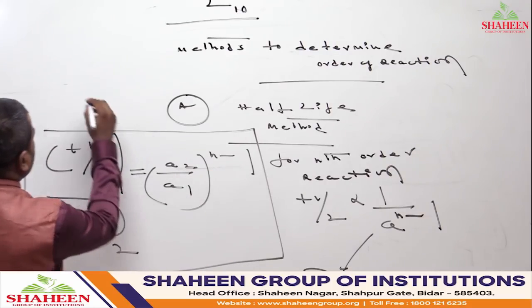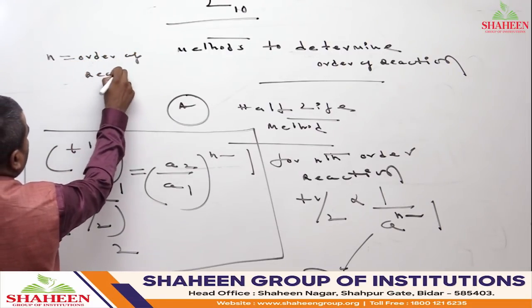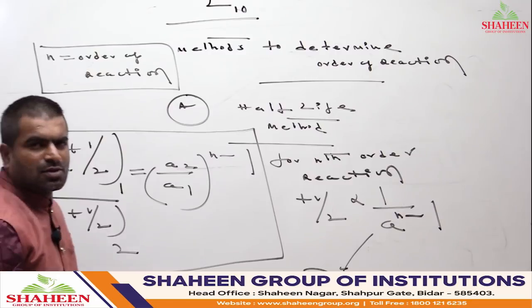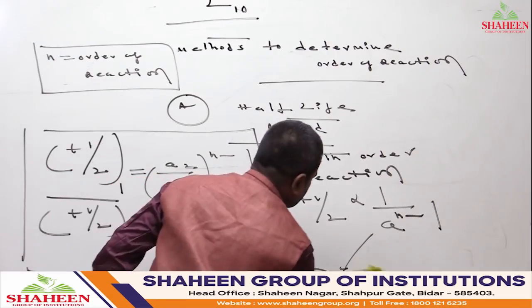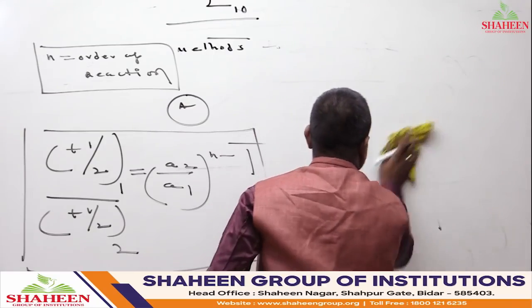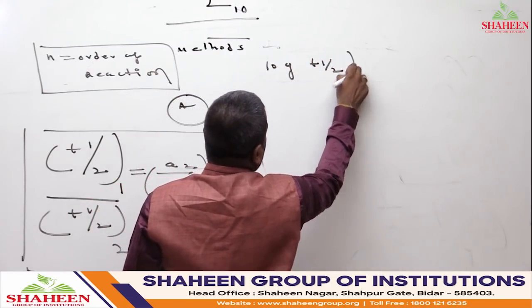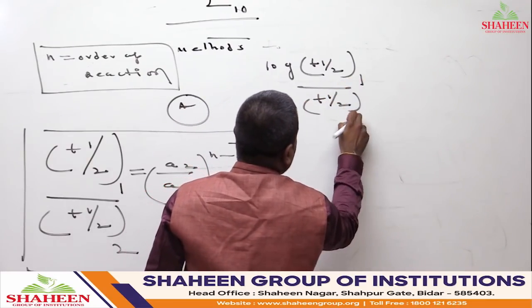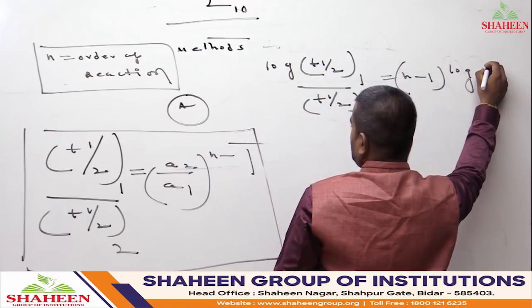Here n is nothing but the order of reaction. Now I am taking logarithm, log base 10, on both sides. Finally we will get log of t1 divided by t2 equals n minus 1 into log of a2 by a1.